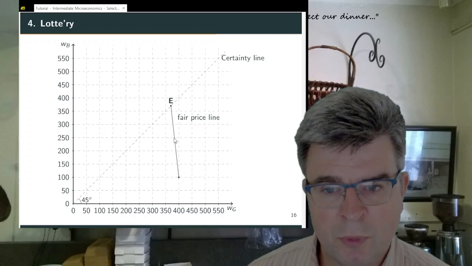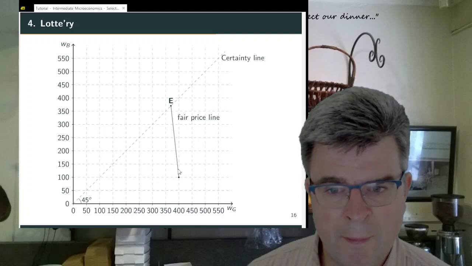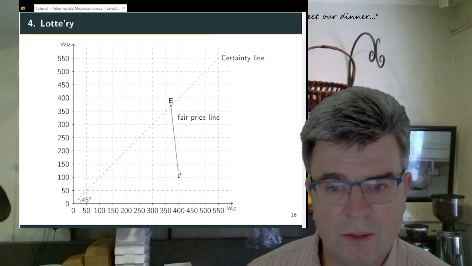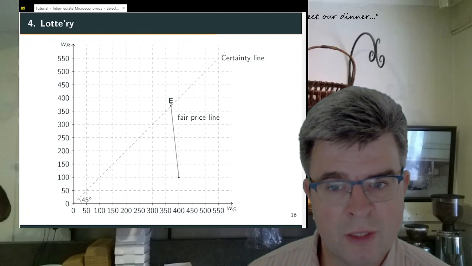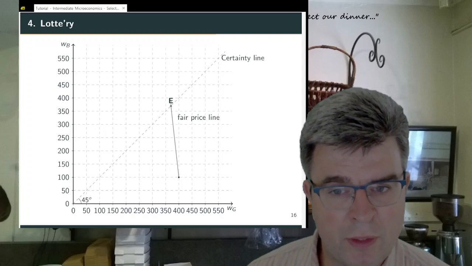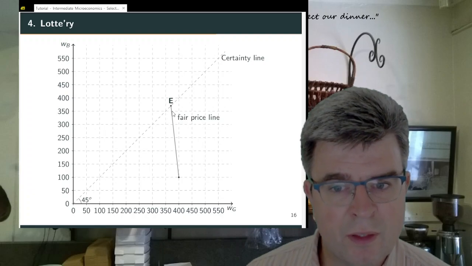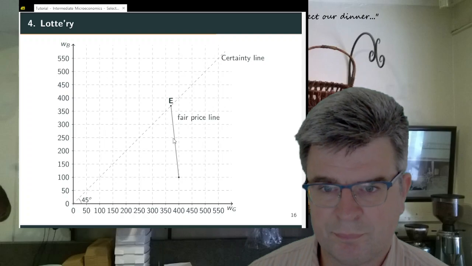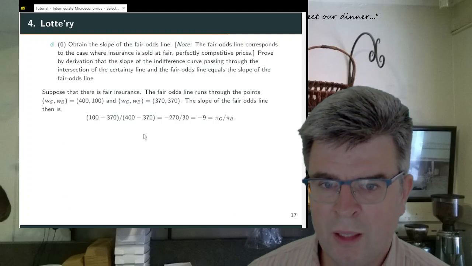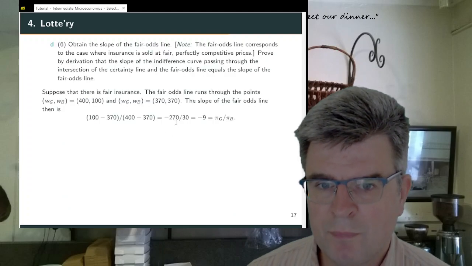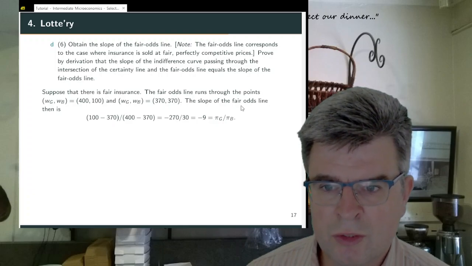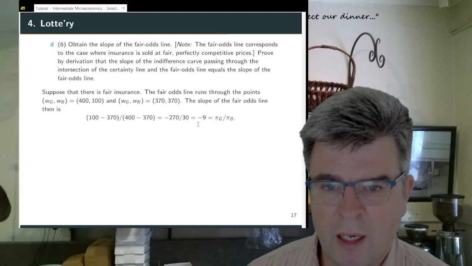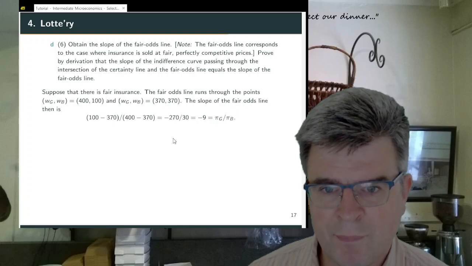And what we now need to prove is that the slope of this line is equal to -9, and that at point E, the indifference curve of Lotte that runs through point E is tangent to the fair price line. Now, how to do it? The slope of the fair odds line is identical to -9.